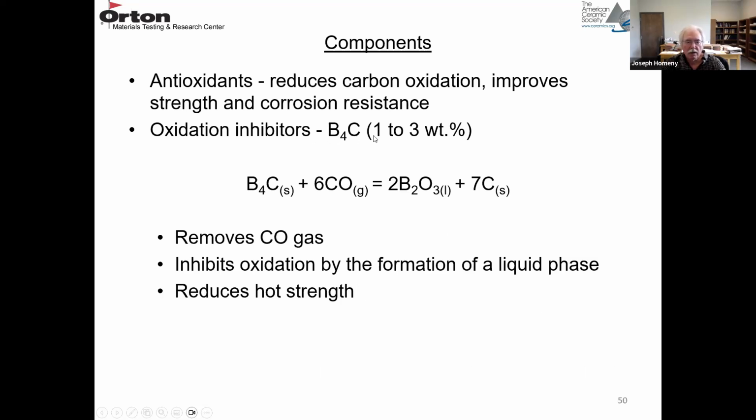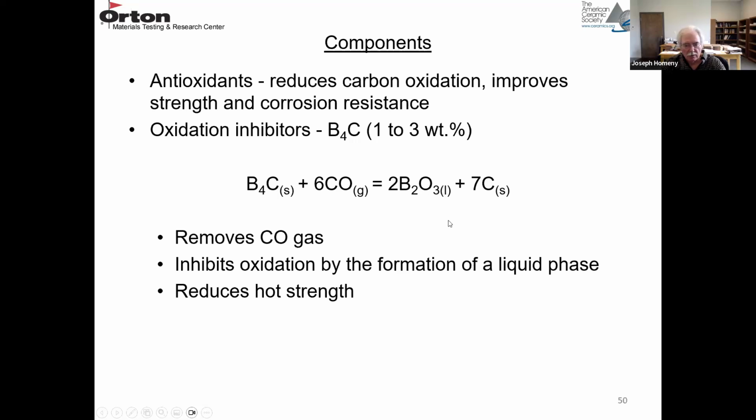Boron carbide, maybe 1 to 3 weight percent is added. So B4C plus carbon monoxide forms B2O3, which is a liquid, plus additional carbon. So it's removing CO, and now it's forming a liquid phase which coats the carbon and forms an oxidation barrier.